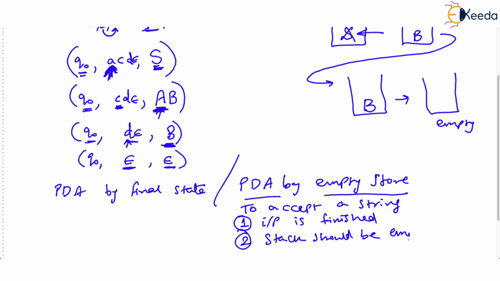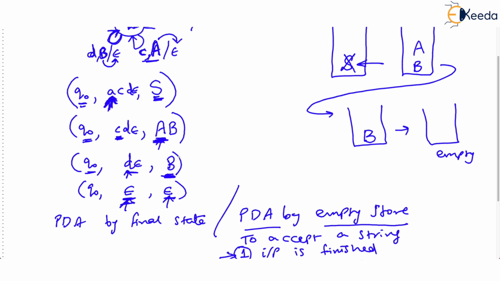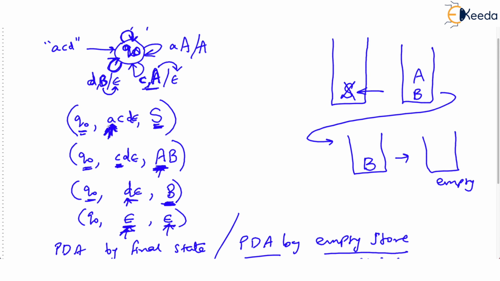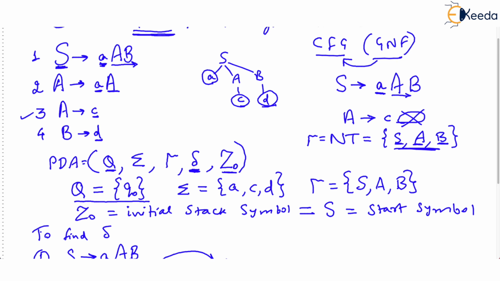Both should be at the same time. Input must be over, and stack must be empty, and both are satisfied. Then we say the string given, ACD, is a valid string and it is accepted by the PDA. Why is it accepted? Because it was a valid string according to this grammar.